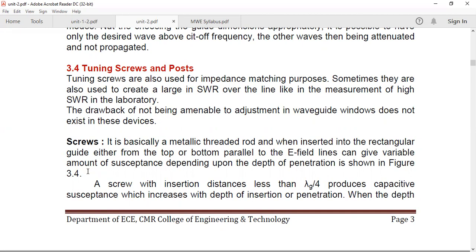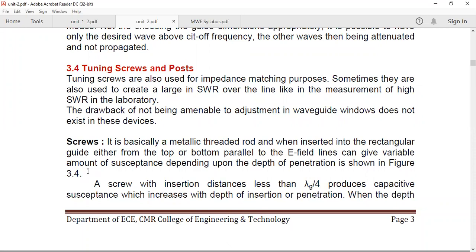The waveguide has a hollow structure inside. By inserting the screw into the waveguide and tuning it, the depth of penetration of the screw will vary, because it is a variable one. Based on the depth of penetration, it will change the reactance, the inductance and capacitance value.